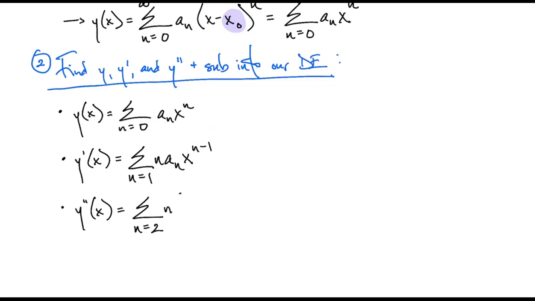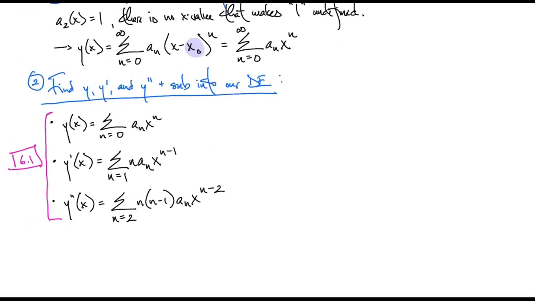So I'll get n times n minus 1 a sub n x to the, don't forget to lose another power, so n minus 2. Now I'm moving through these derivatives a little bit quickly because we did go over this in the 6.1 video. So if you're looking at this like, I don't know where we're getting this from, please go back and watch that 6.1 video. We did spend some time talking about where these derivatives came from in a more laid out way, okay?